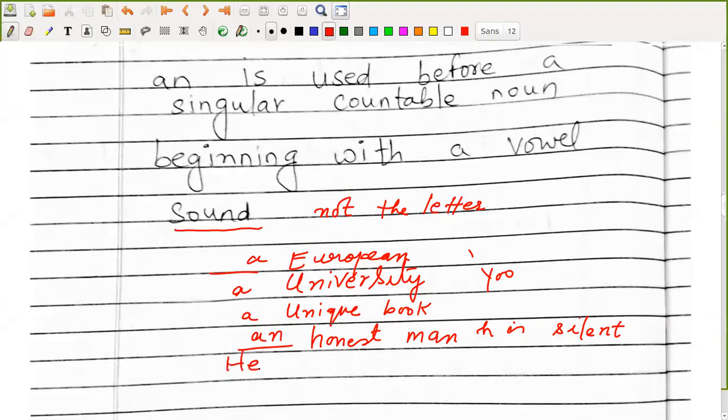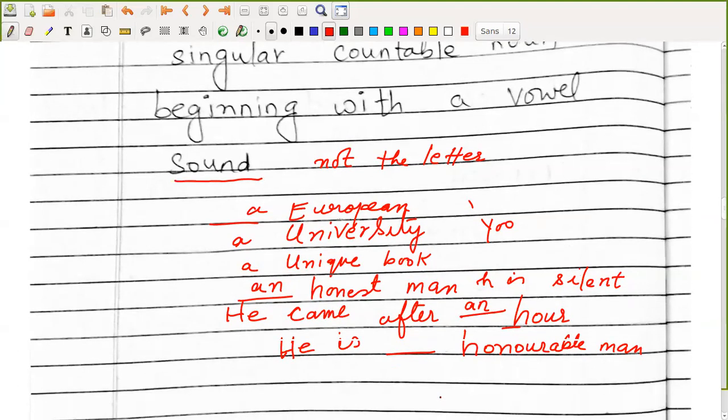ठीक है. What will you use here? An, because this word you are not pronouncing the R, you say an R. क्या यूज करोगे? क्या यूज करोगे बोलो? क्या होगा?